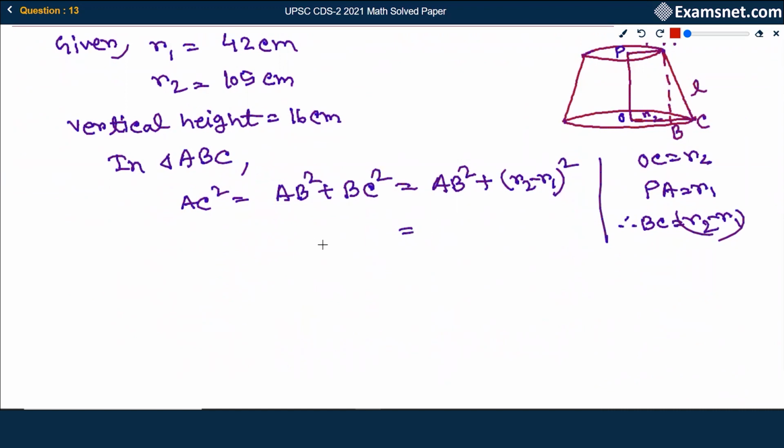Let's put all the values. L square equals AB, 16 whole square, plus 105 minus 42 whole square.